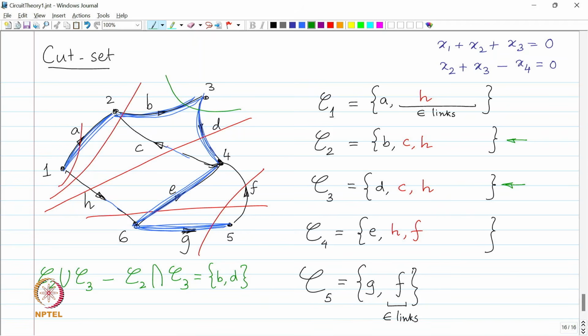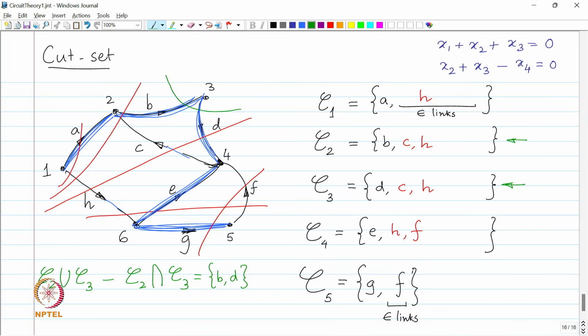So, like this you can construct lots and lots of cut sets, right. Many cut sets can be constructed just by forming the unions and subtracting out the intersections, and those cut sets are not the fundamental ones. Fine. Why are we doing this? Why is the cut set important?